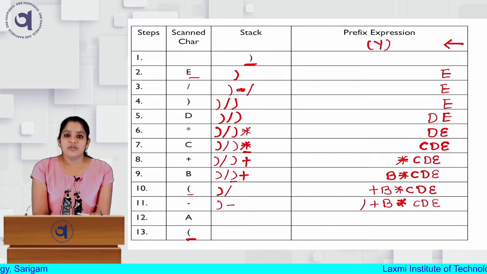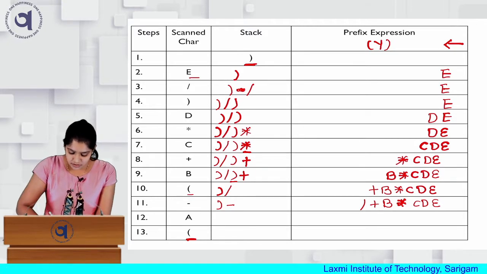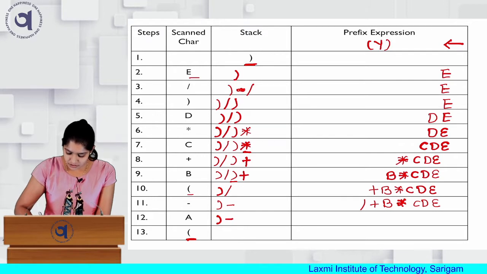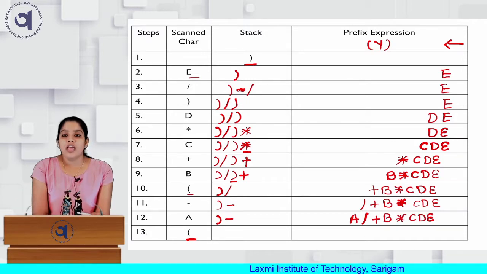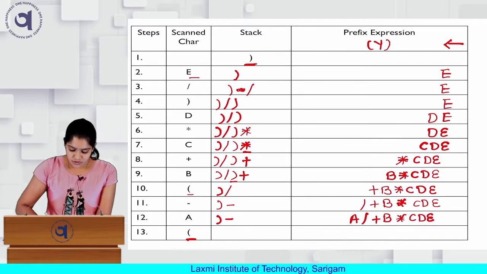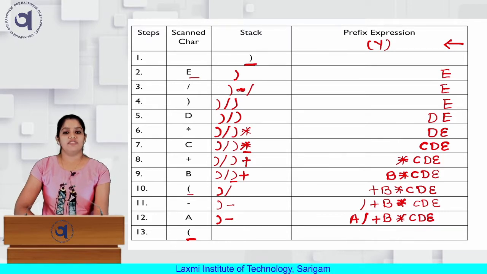right. Now, the next character is A, and as you know, A is an operand, right. So, you need to simply push it to the prefix expression, right. So, this would remain the same, and here you have A slash plus B star C D and E, right. And the last character that was added by us is an opening bracket, right. So, in between the opening and closing bracket, we have this minus, right.